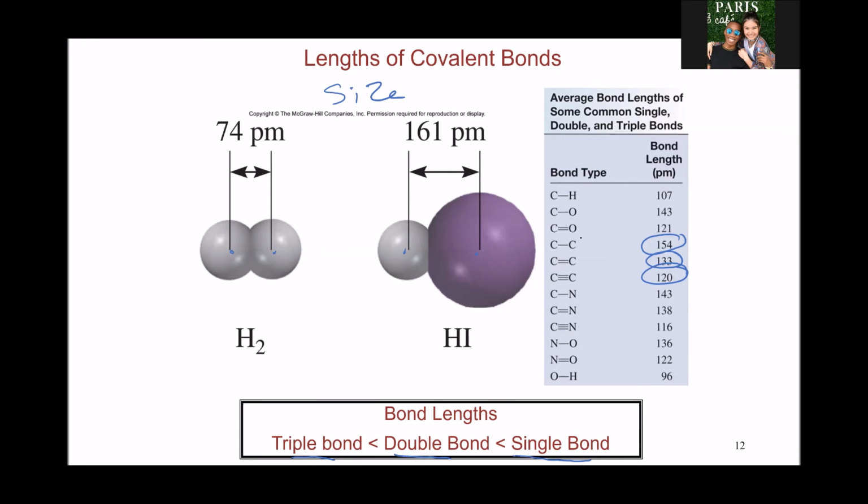So the more attraction, the closer they will get to each other. So if you think of it as a rubber band, one rubber band is gonna hold it at a certain distance. If you put more rubber bands, it's gonna force it even closer as you increase the number of rubber bands.